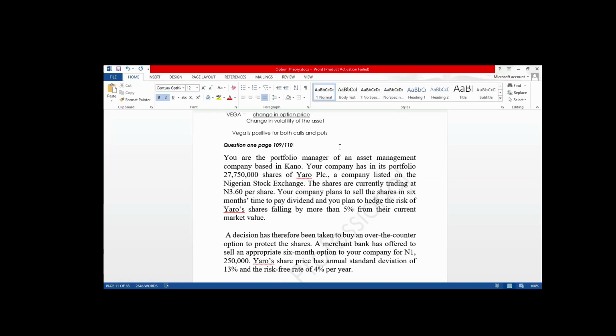Your company has in its portfolio 27,750 shares of Yaro PLC, a company listed on the Nigerian Stock Exchange. The shares are currently trading at 3 naira 60 kobo per share.